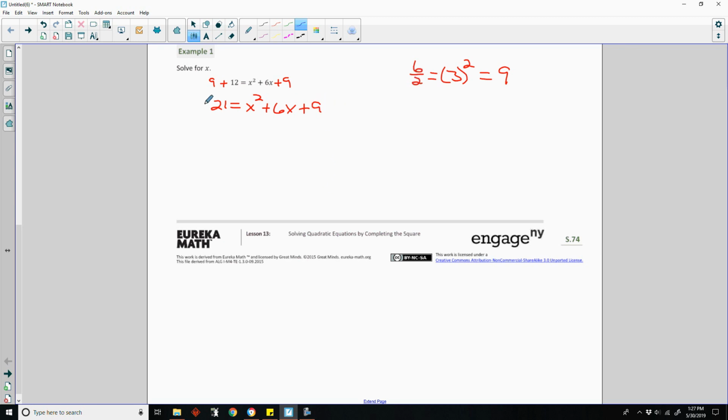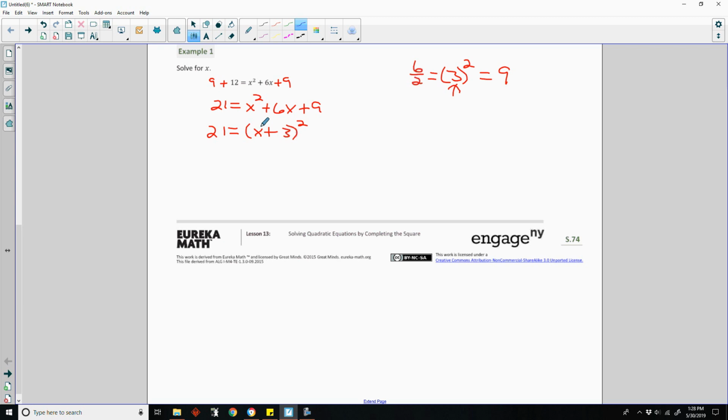Okay, so now I'm going to solve this by completing the square. So 21 equals x plus, and here's my b right there, that goes there, squared.